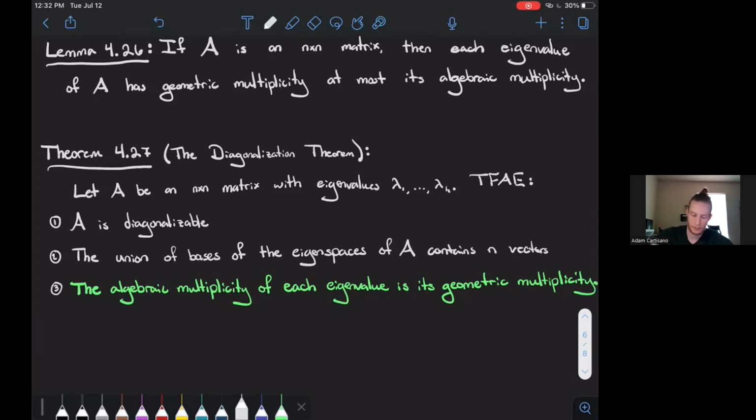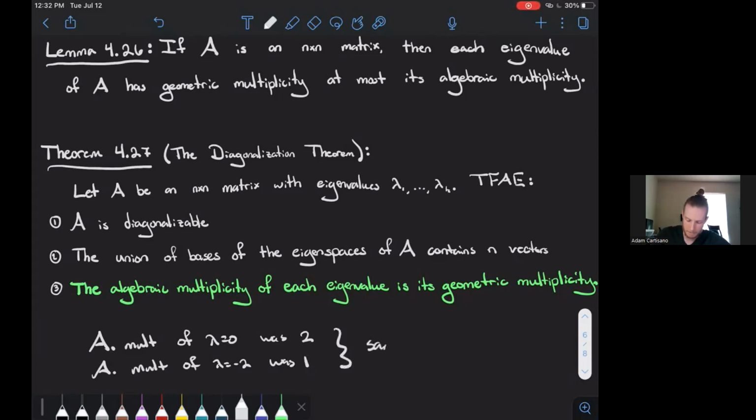And if you notice, the algebraic multiplicity of lambda equals 0 was 2, and the algebraic multiplicity of lambda equals -2 was 1. And for both of these, it was the same for the geometric multiplicity.